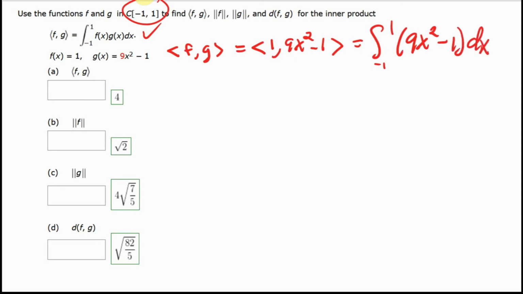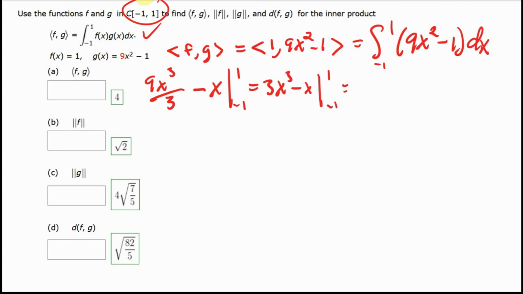So we integrate. We get 9x to the third over 3 minus x evaluated from negative 1 to 1. Well, this is just 3x to the third minus x. Evaluate that from negative 1 to 1. So we get 3 minus 1, and then minus 3 times the negative 1 to the third, which is negative 1, and then minus this minus here, so that becomes plus, and we evaluate that at negative 1.